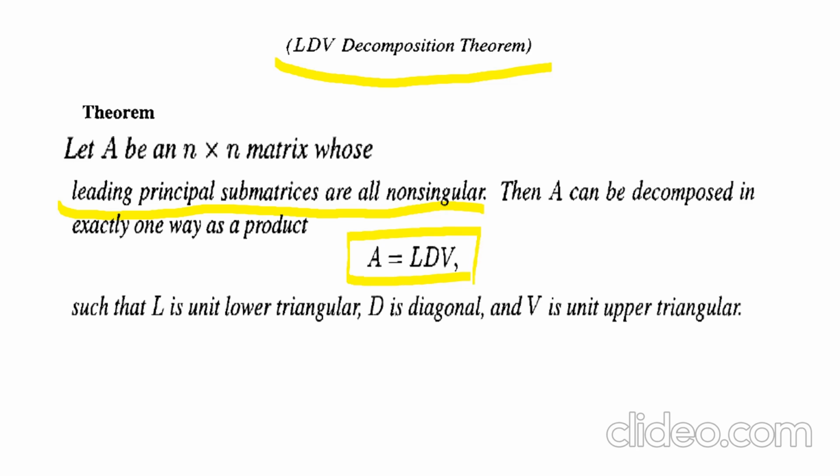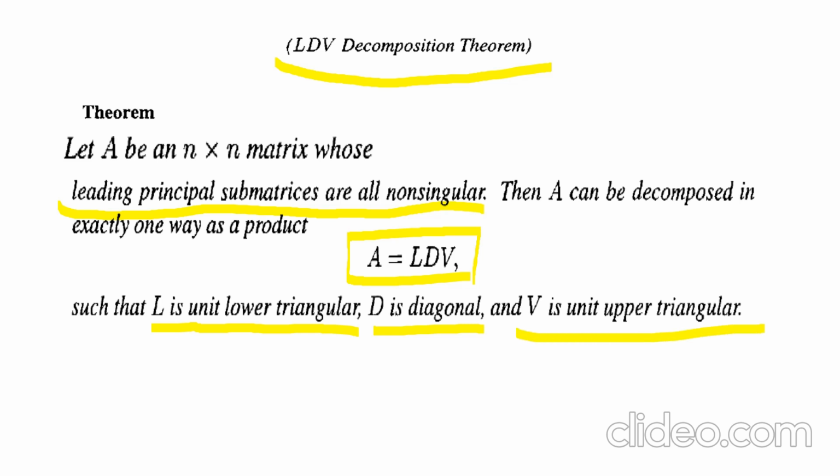If any n cross n matrix has non-singular leading principal submatrices, then it can be decomposed in the product form of three matrices, where L is a unit lower triangular matrix, D is a diagonal matrix, and V is a unit upper triangular matrix.